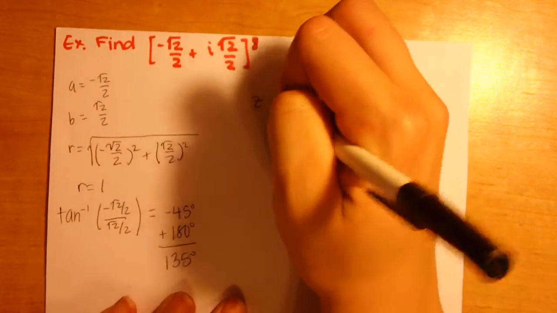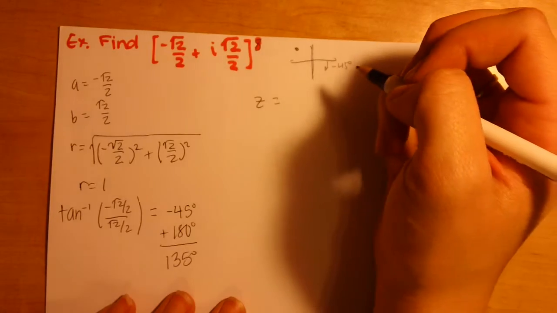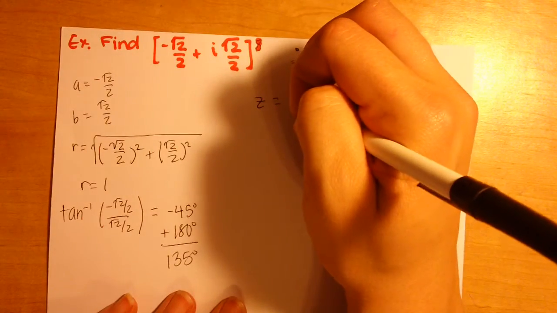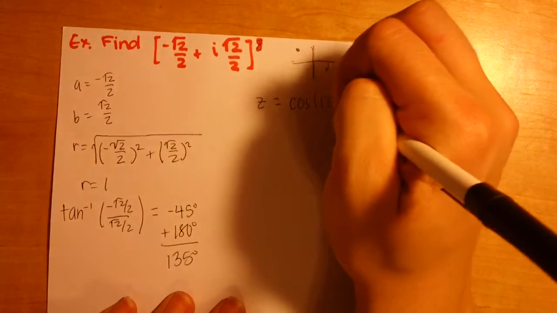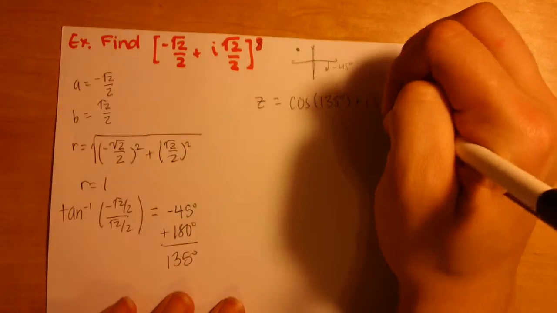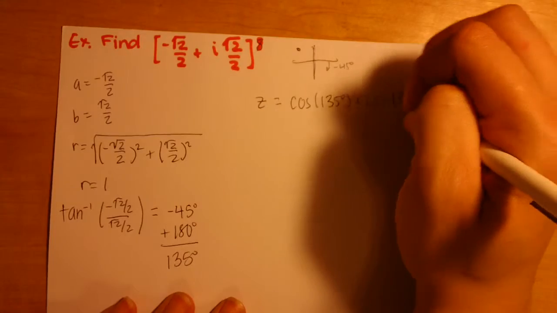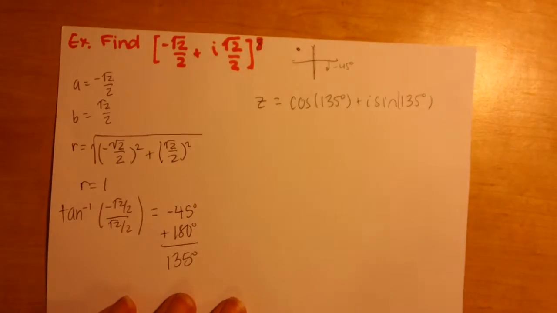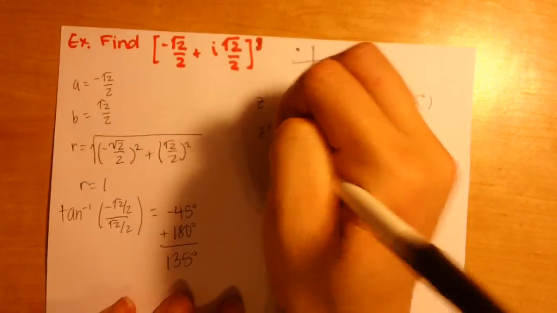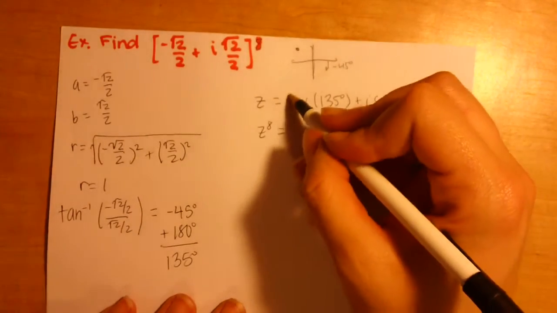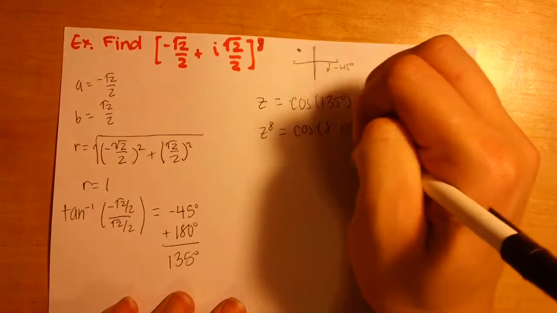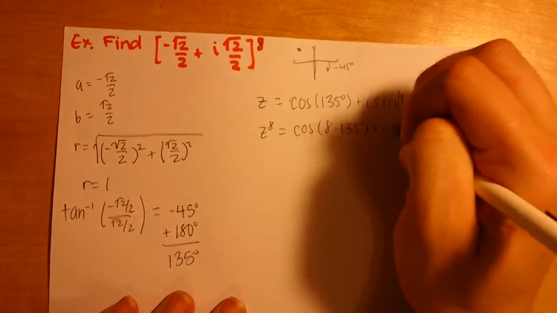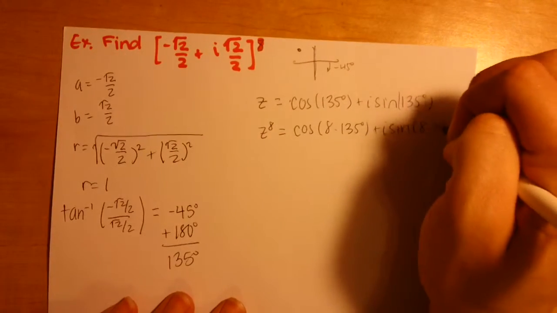I have my complex number is R, which is 1, times the cosine of 135 degrees plus I sine of 135 degrees. So DeMoivre's theorem, it says z to the 8th equals 1 to the 8th, which is still 1, cosine of 8 times 135 degrees plus I sine of 8 times 135 degrees.